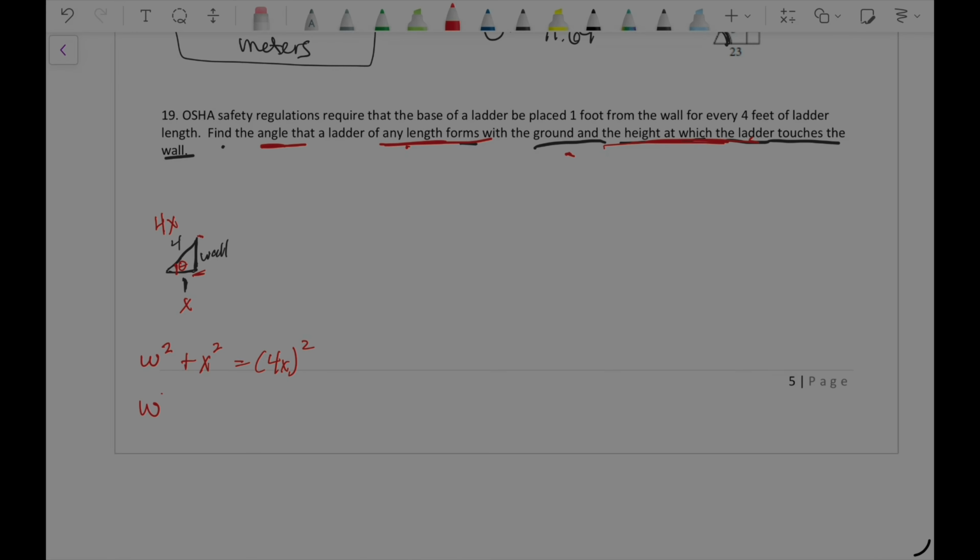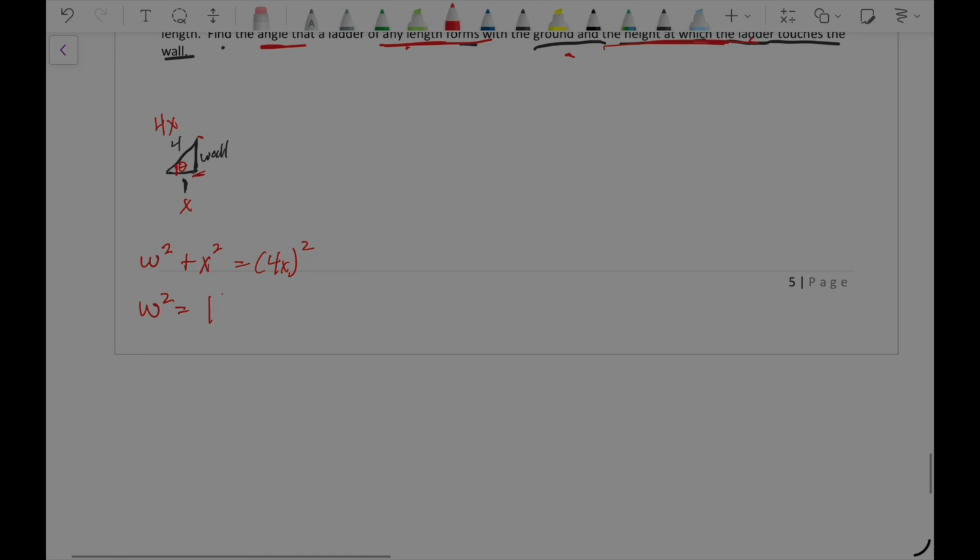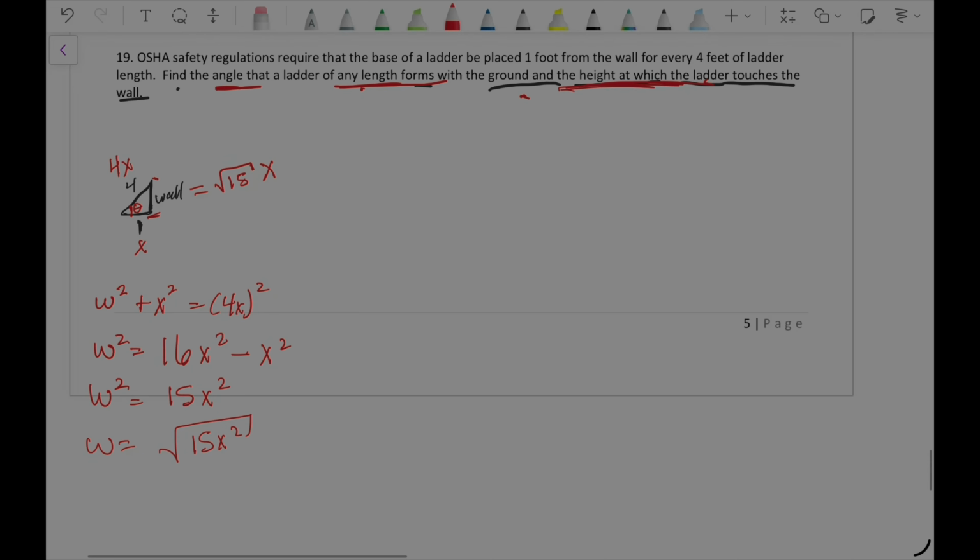So the wall length squared is going to be 16x squared minus 1x squared, which is 15x squared, which means the wall length is equal to the square root of 15 times x, because you would square root both sides. Okay, so that's the second part, the height of the ladder, right? And now we need to find the angle.